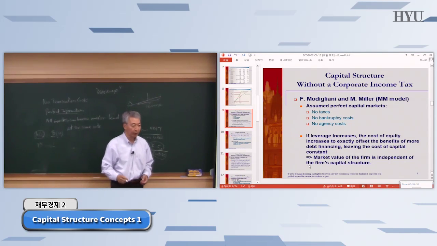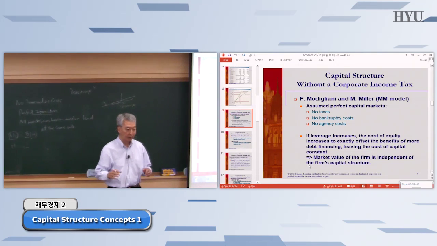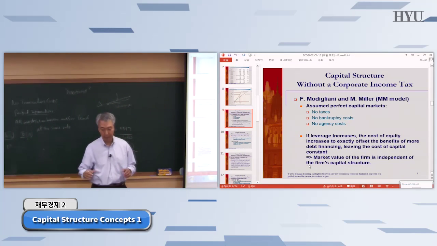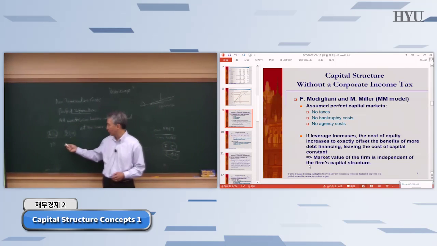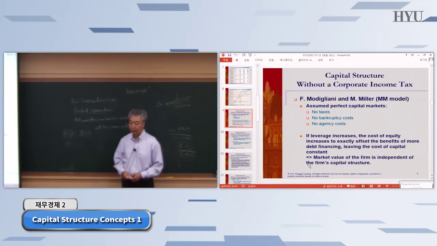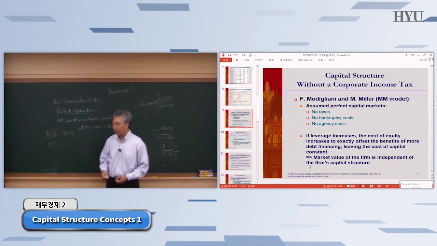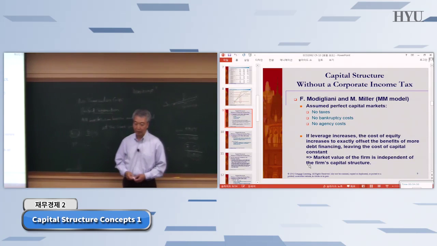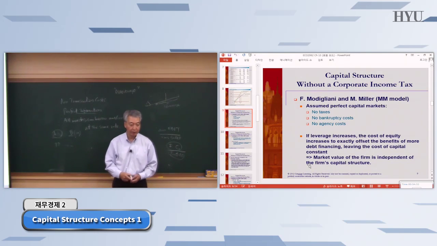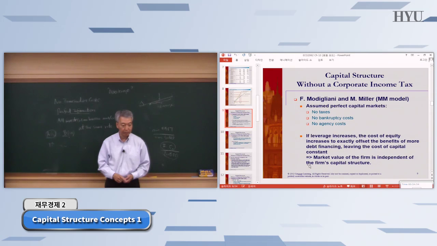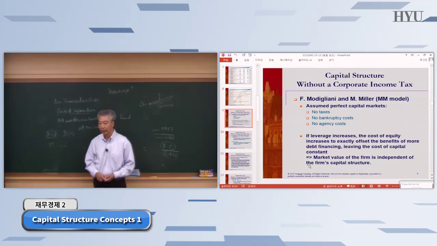So the story is company A and B were identical in the beginning, and company A suddenly borrowed money, and that increases the risk for the company. When the risk increases, cost of equity goes up. What is cost of equity?